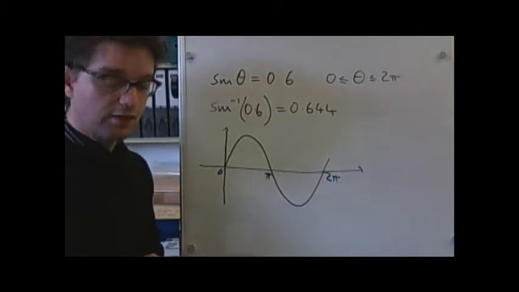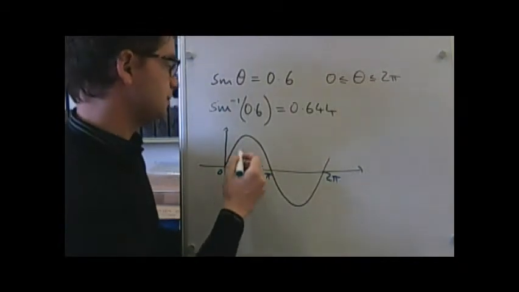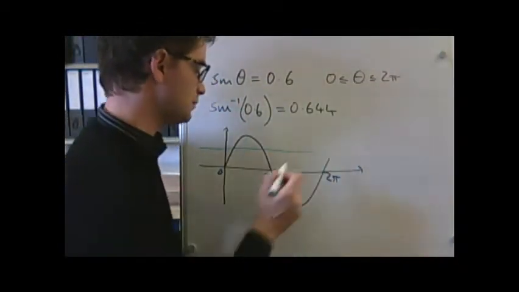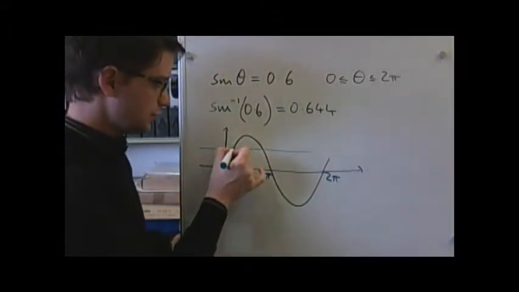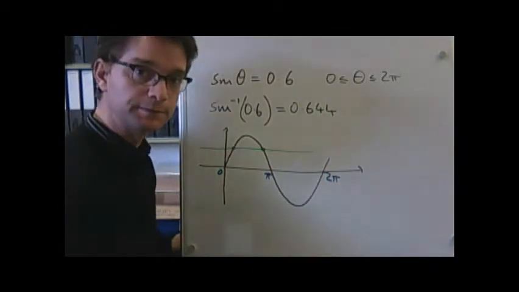And the places that I'm interested in are all the values of theta for which sine theta equals 0.6. So that's going to be running across here somewhere. And we can see there are two solutions in my range from 0 to 2 pi.